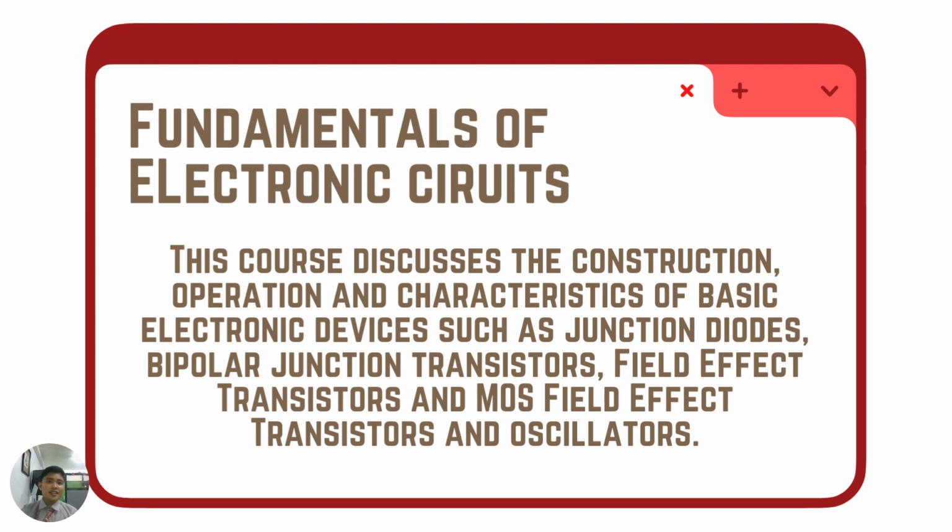Okay. Another thing we have here is the field effect transistor. The field effect transistor is a type of transistor commonly used for weak signal amplification. Okay, the device can amplify analog or digital signals.